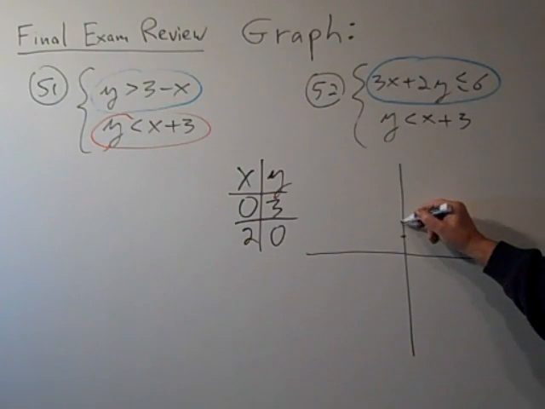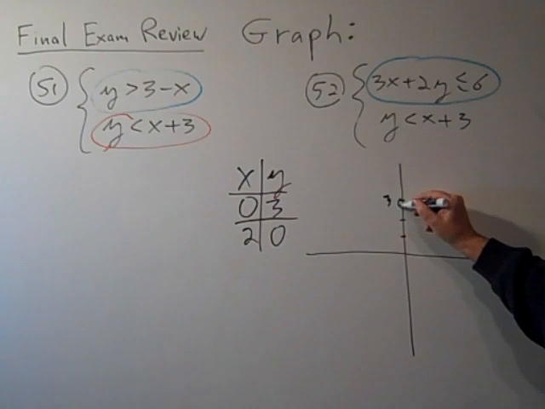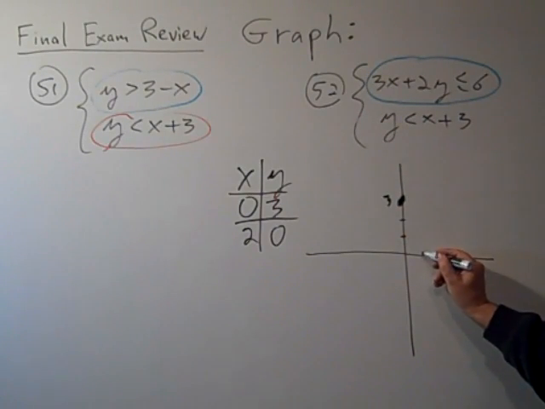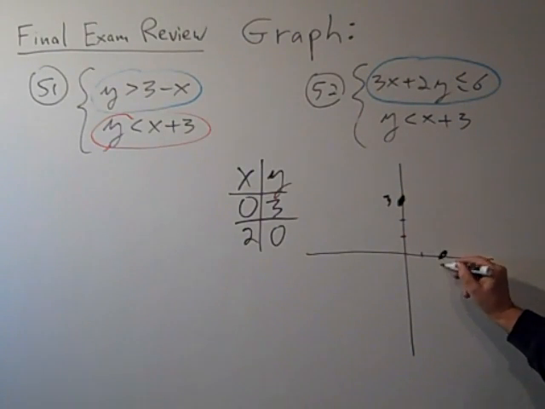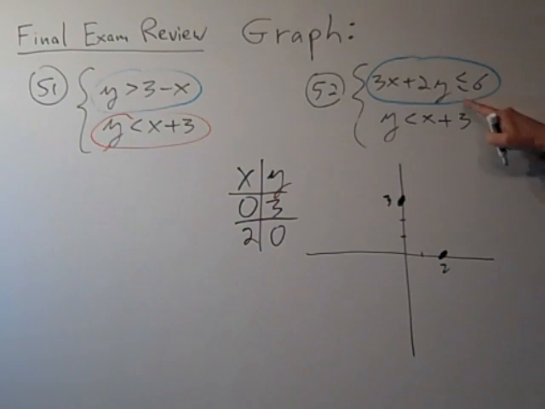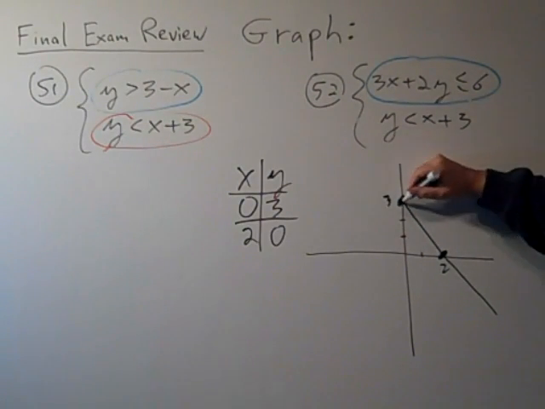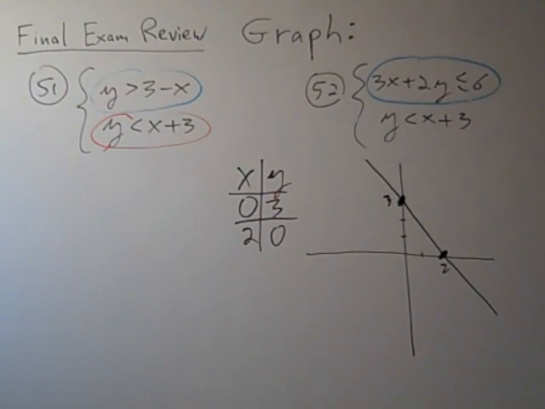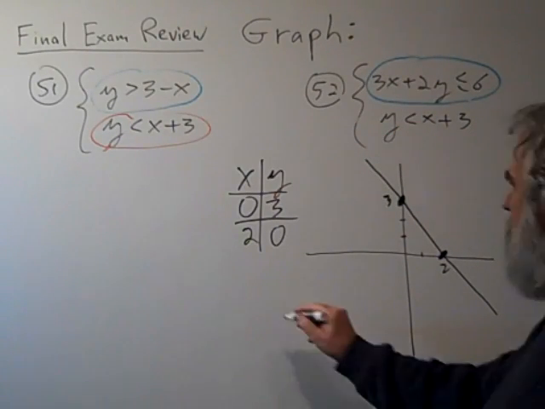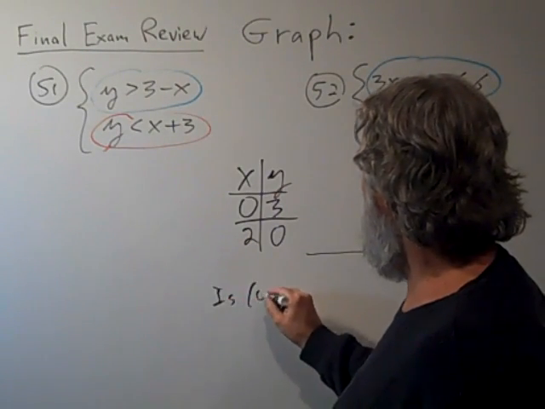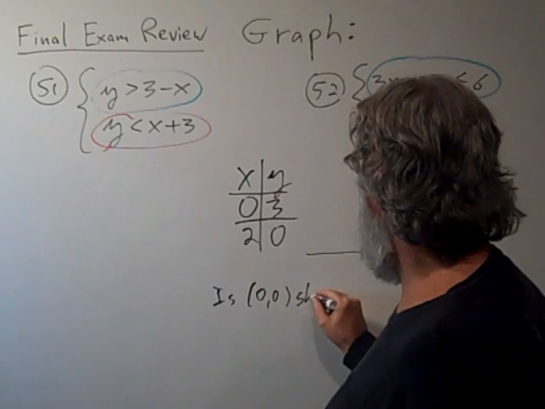0, 3 is the y-intercept. And 2, 0 is the x-intercept. This is a solid line because it includes the line itself, or equal to, as part of this. Which side of that line do we shade? We can ask, is the origin shaded?